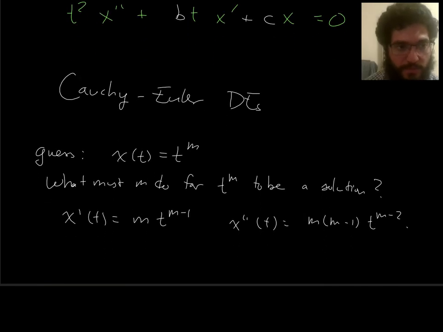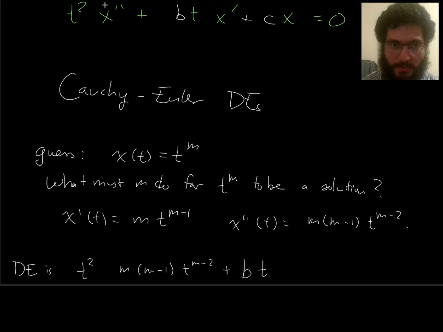So let's do it. Let's put in these things. So the dE now becomes t squared times m times m minus 1 t to the m minus 2, plus b times t, so I'm just copying this stuff down, b times t times x prime, that's m t to the m minus 1, plus c, and then x, that's t to the m, equals 0.